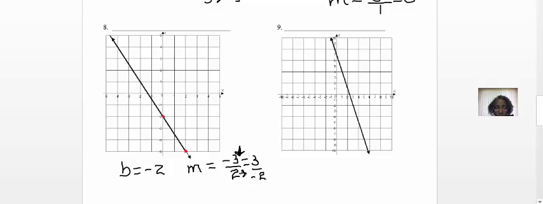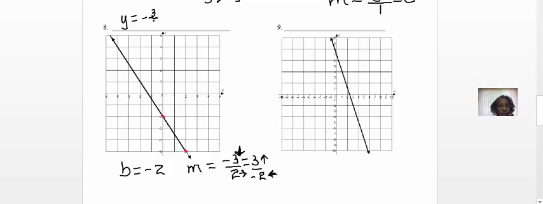So I either move down and right, or I move up and left. And the point is, once I move vertically, I then move horizontally until I return to the line. And so the slope is negative 3/2.